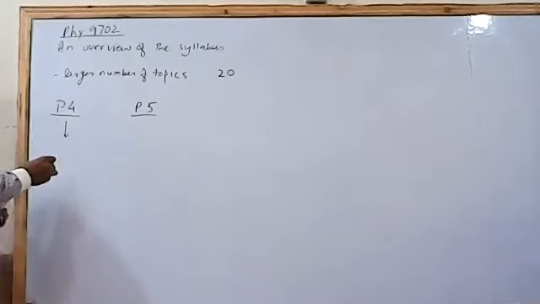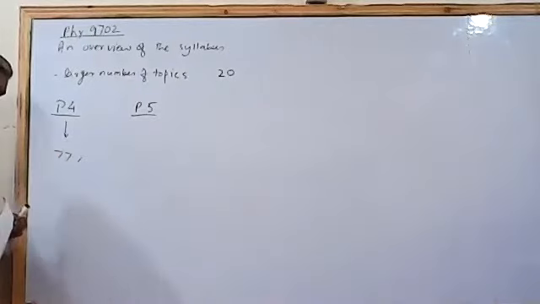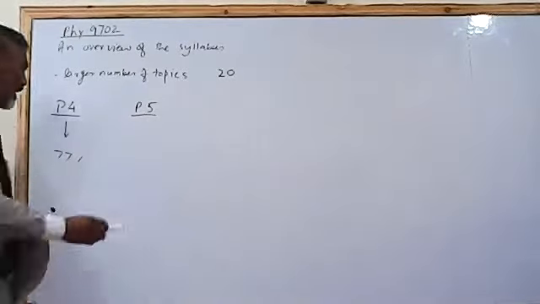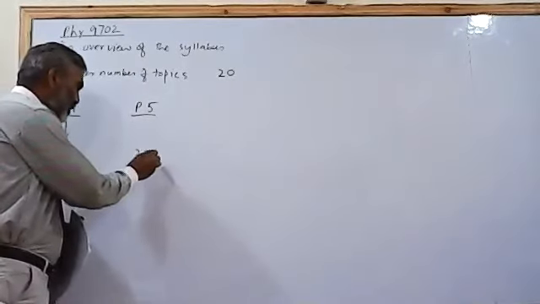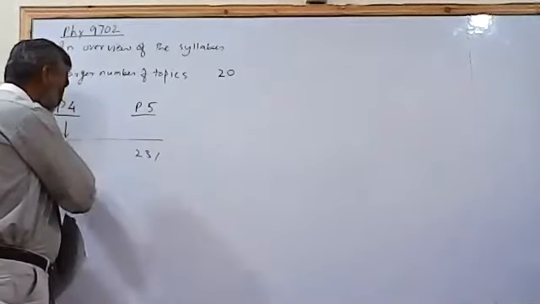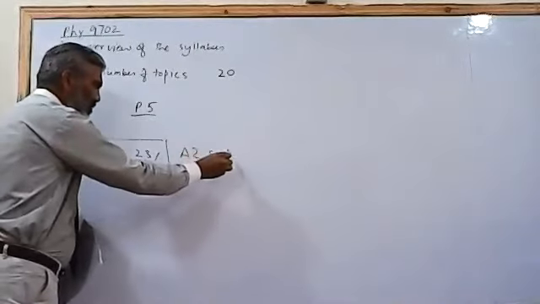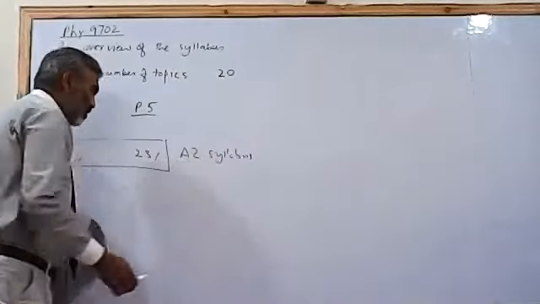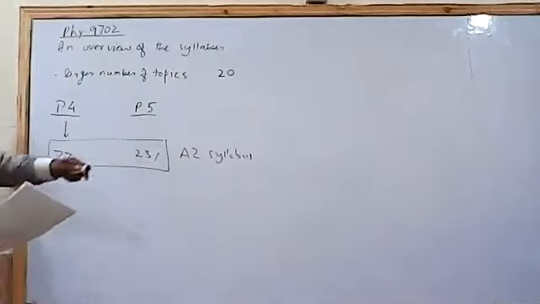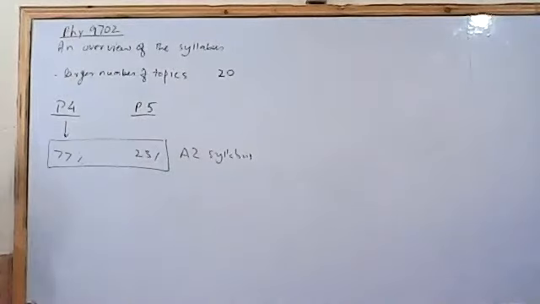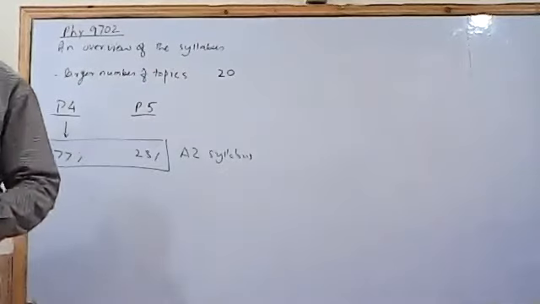In terms of percentage, it is 77% of the syllabus in A2. And paper 5 is therefore 23% of the total A2 syllabus. We'll talk about paper 5 later on, which is more about the planning skills.